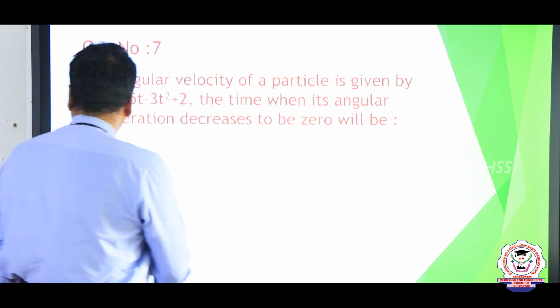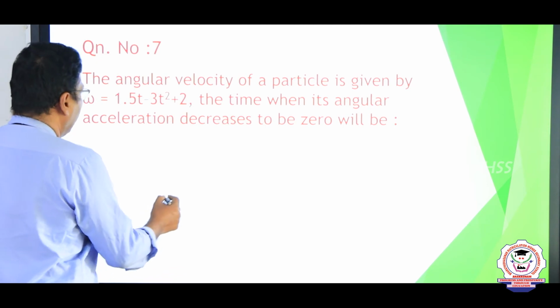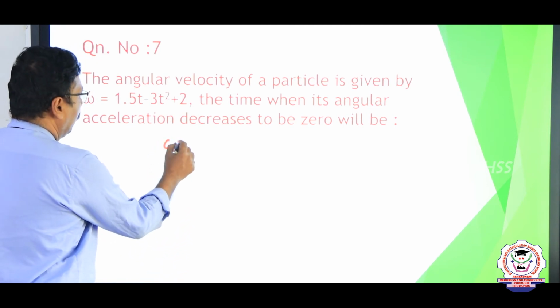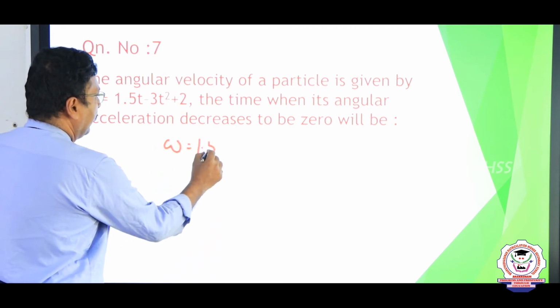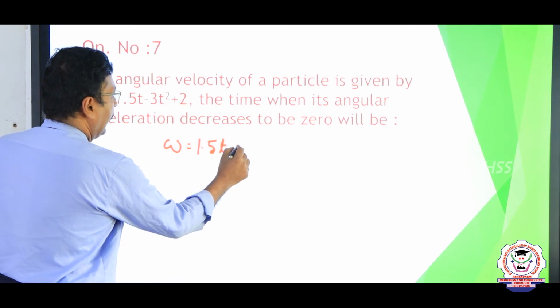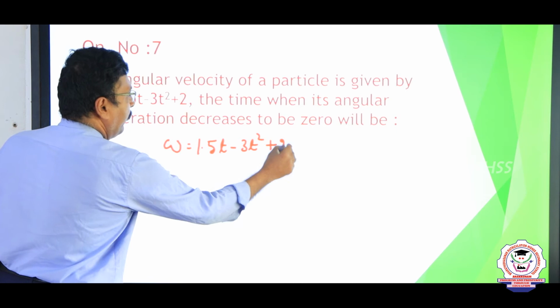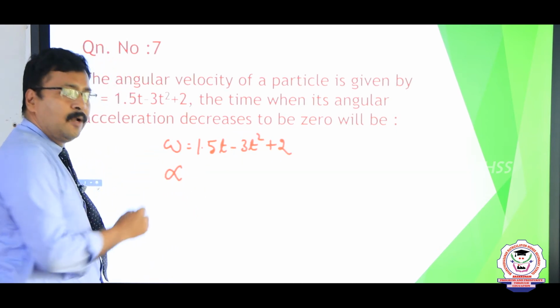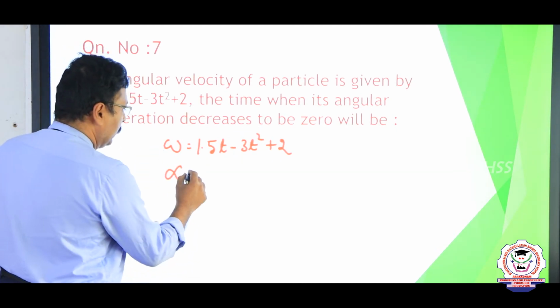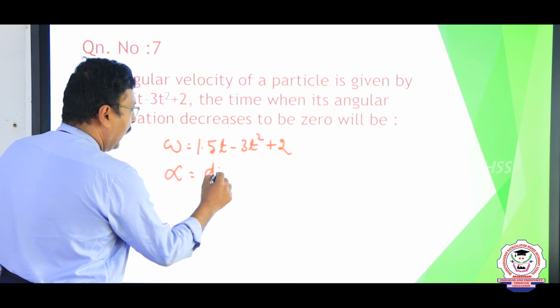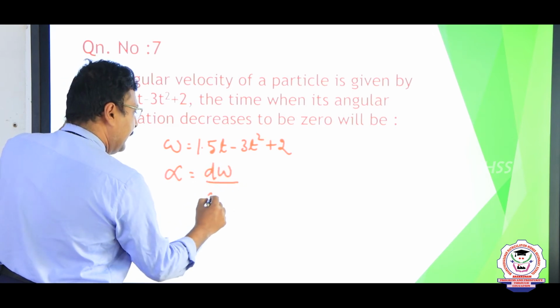So that's what we are going to do now. Omega is given as 1.5 t minus 3 t square plus 2. I want to find out alpha. Alpha is the angular acceleration, that is equal to d omega divided by dt.